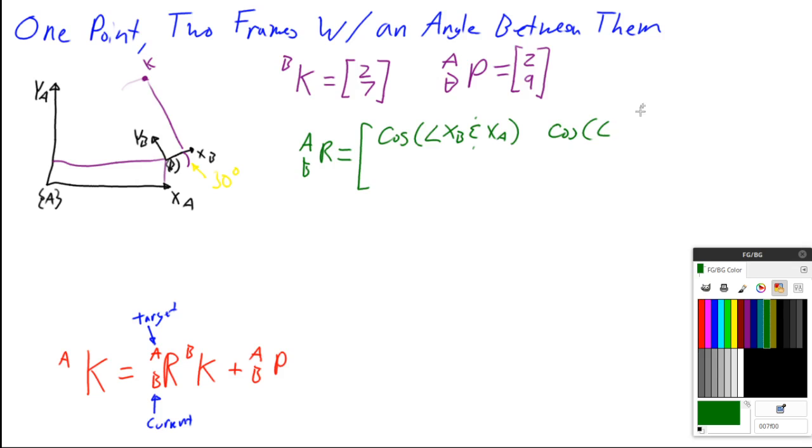So this is the angle between YB and XA. This is the cosine of the angle between XB, the x-axis in B, and YA.